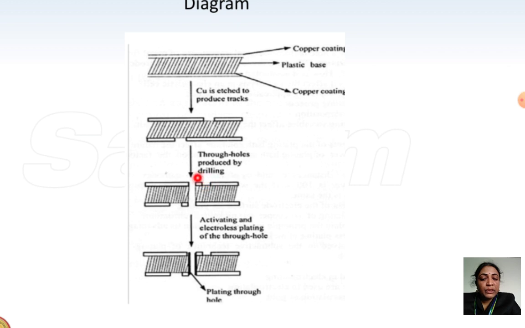From here to here, electroless plating of copper is done. When it is done, it is automatically connected from this place to this place. Understood? Inside the plastic board it becomes internally connected when electroless copper plating is done.